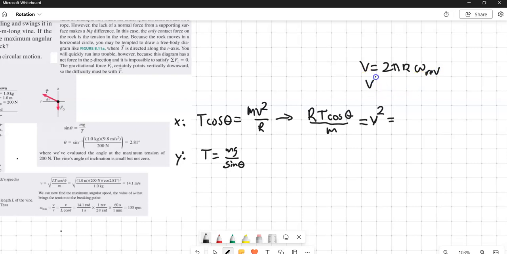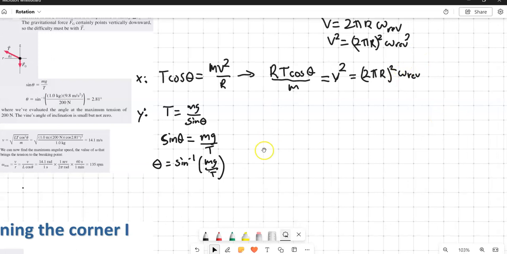So v squared is going to be equal to 2 pi r squared omega revolutions squared.